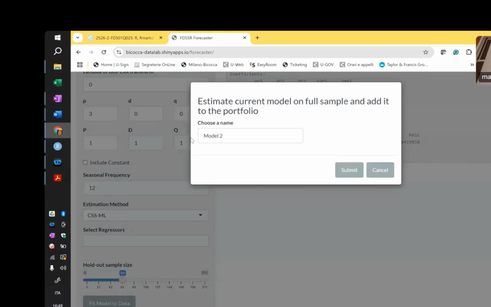And we can call this ARIMA 1, I don't know, less, but smaller. So I don't know, whatever.